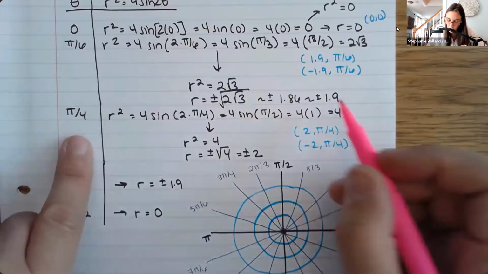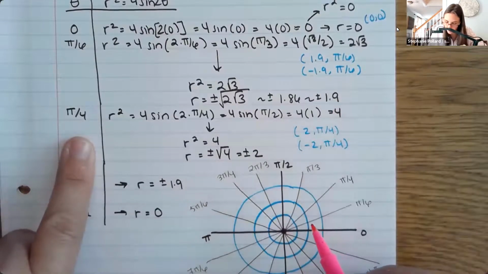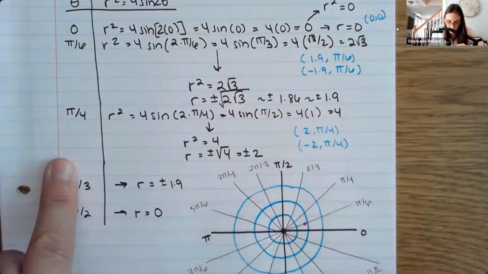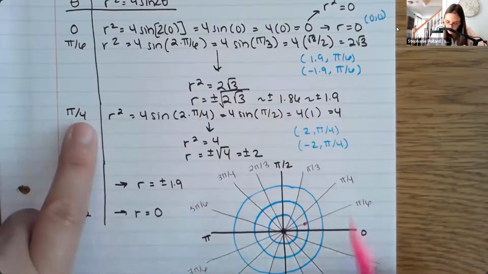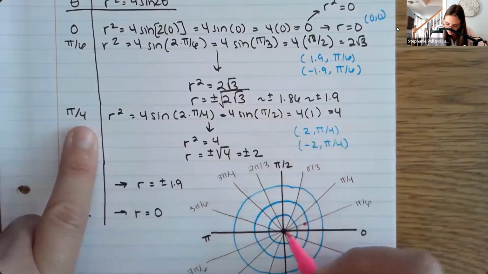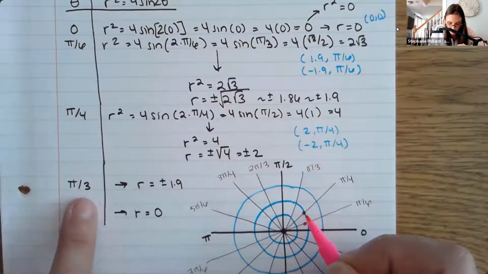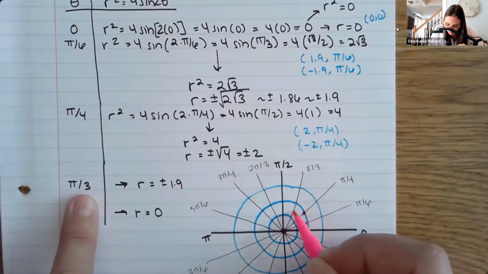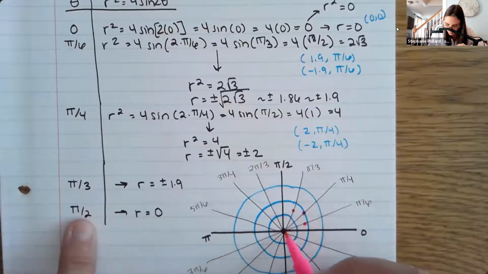So I have 1.9, so almost 2, at pi over 6, so like right here. And then at pi over 4, I'm at 2. And then at pi over 3, I'm at almost 2 again. And then at pi over 2, I'm back at 0. So I have sort of this one petal coming out here.